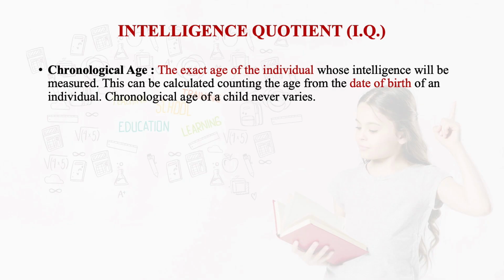Chronological age is the exact age of the individual whose intelligence will be measured. This can be calculated by counting the age from the date of birth of the individual. Chronological age of a child never varies.